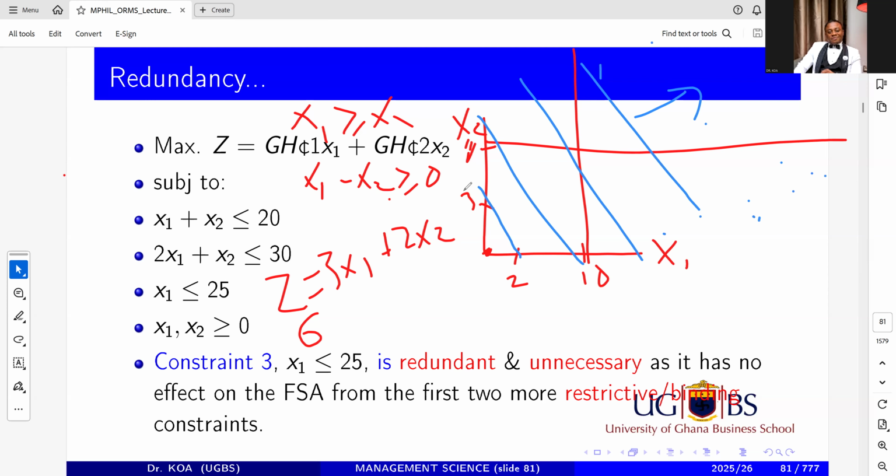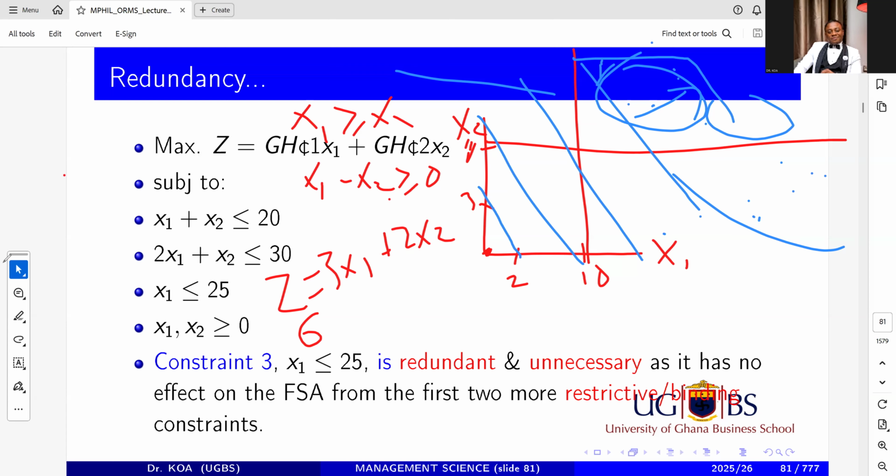Now, the common area is between these two. This is outside. This is outside. This is the common area. And this common area is not closed. It's unbounded. It's opening. So the Z function will keep shifting out, looking for a place it will hit, but it's not hitting anywhere.